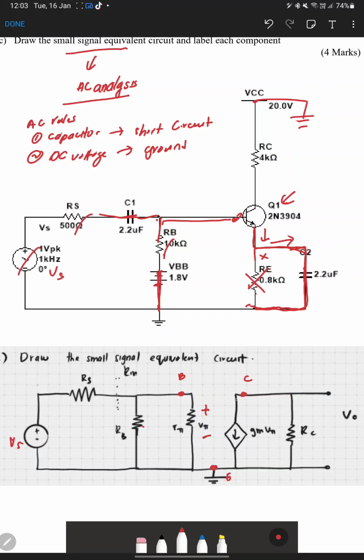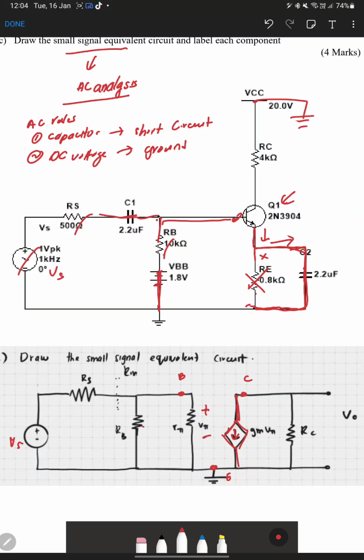In the collector leg, we have a current source, a diamond here, with the direction going down to the emitter leg, and the value is GM V pi.